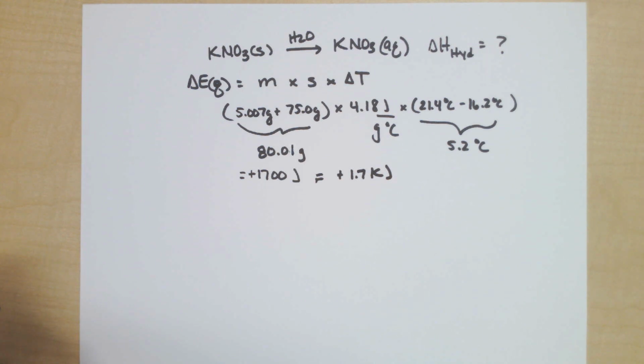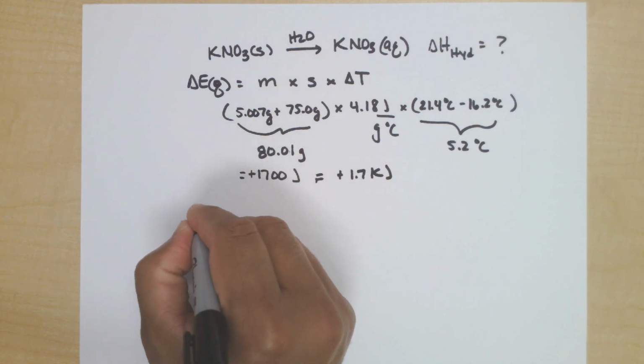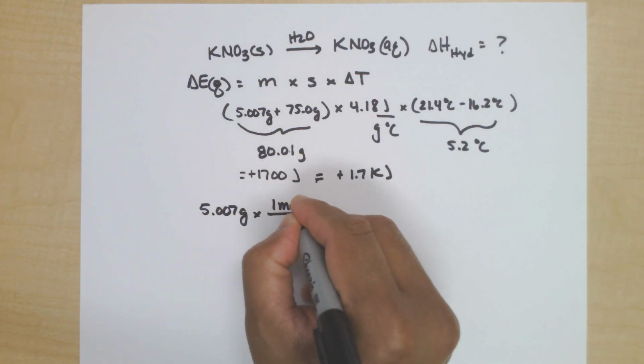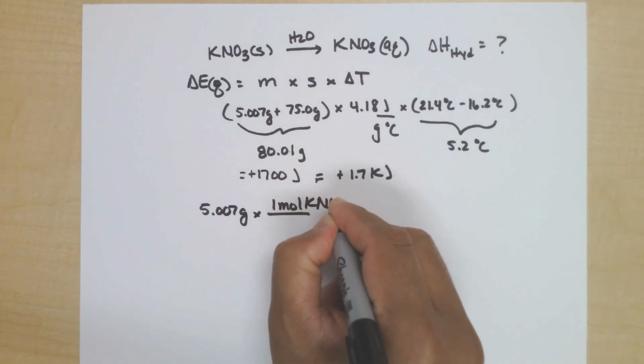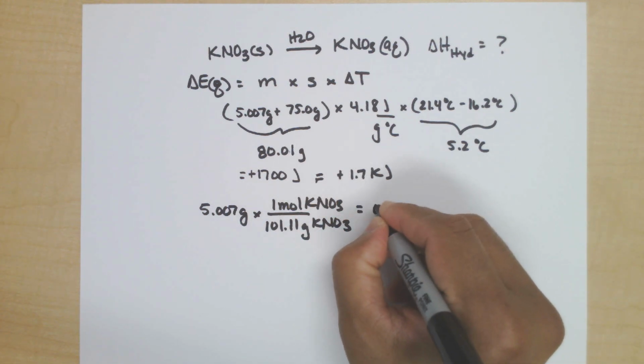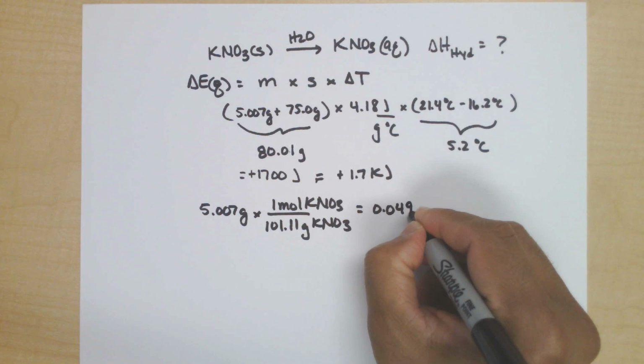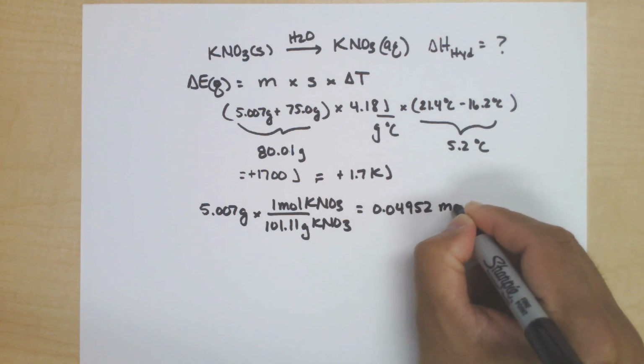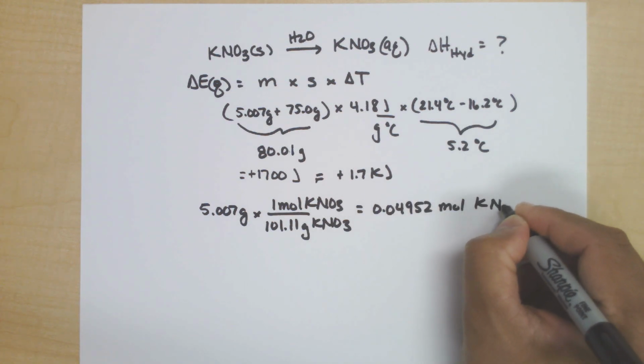I'll convert the mass of the potassium nitrate into moles of potassium nitrate using its molar mass. To four significant figures, this is 0.04952 mole of KNO3.